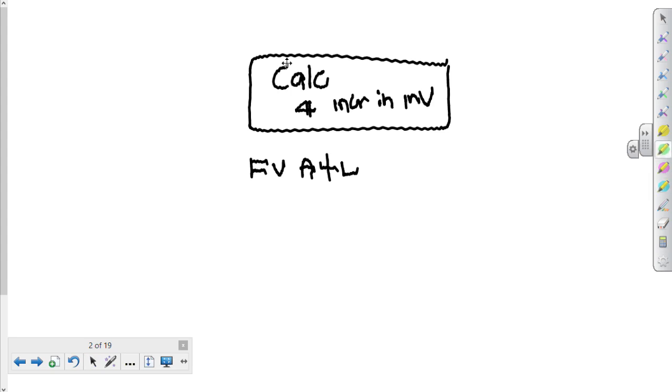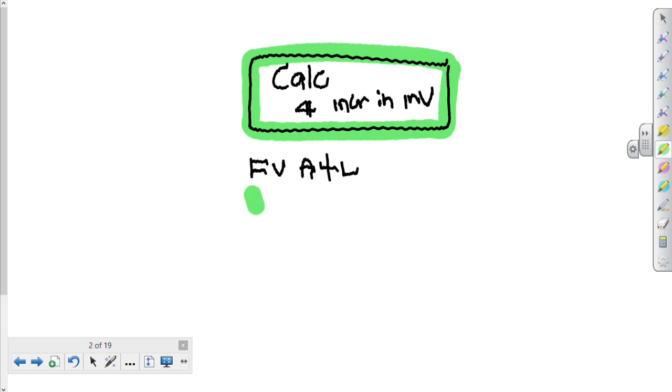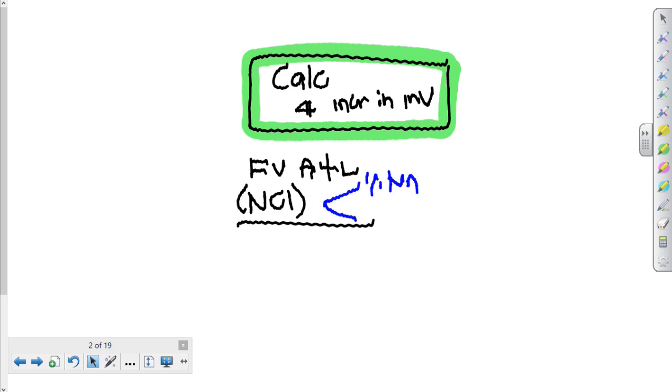So we start with fair value of assets and liabilities. We then remove NCI. So then we say, hang on, I've got fair value of assets and liabilities. It's not all mine. So I remove NCI. And remember, when we remove NCI, we have two options: percentage NAV or fair value, depending on what they tell you in the question.